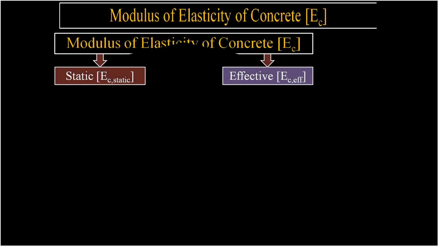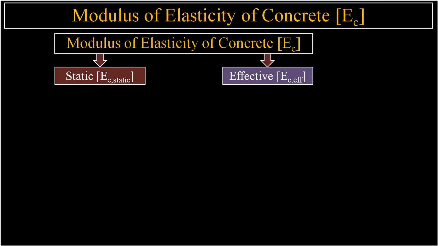Title of this slide is Modulus of Elasticity of Concrete. We generally denote modulus of elasticity of concrete by EC. The modulus of elasticity can be viewed in two ways, the static modulus and the effective modulus. First, let us look at the static modulus, EC static.